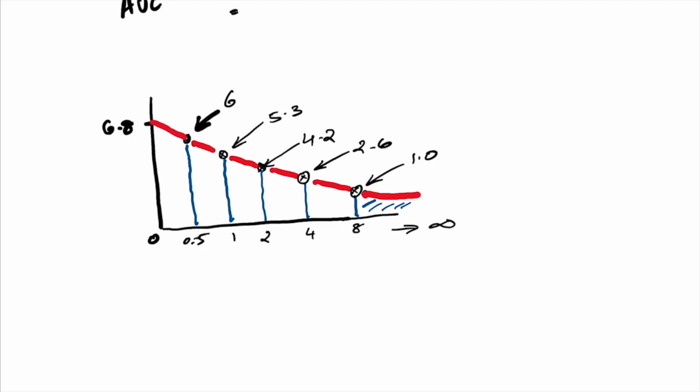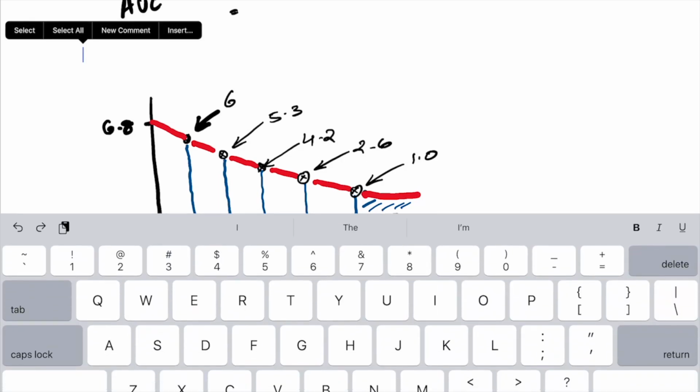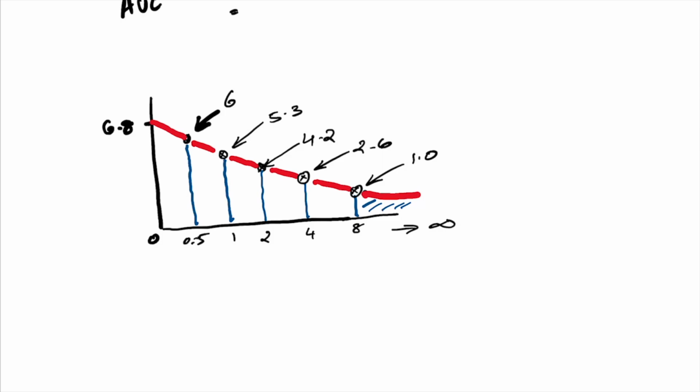So the area of the first trapezoid is going to be basically the mean of these sides, right? 6.8 and 6. Basically 6.8 plus 6 divided by 2 times the time difference. So 0.5 minus 0.